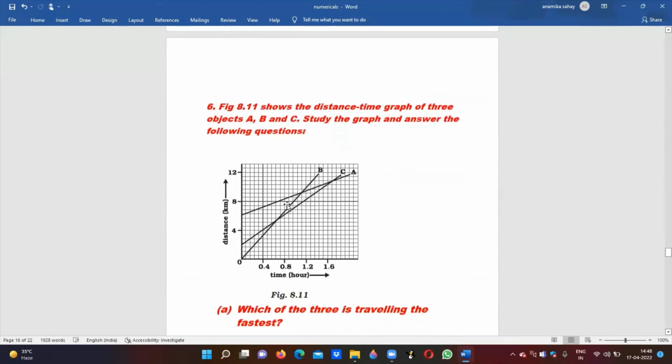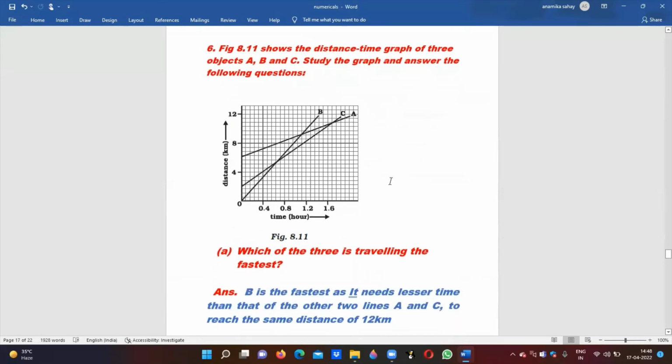Next question. Figure 8.1 shows the distance time graph of three objects A, B, and C. Study the graph and answer the following question: which of the three is traveling fastest? So B is fastest. It takes lesser time than the other two lines to reach the same distance of 12 km. Of course, at this point, A, B, C, all three are at 12 km.